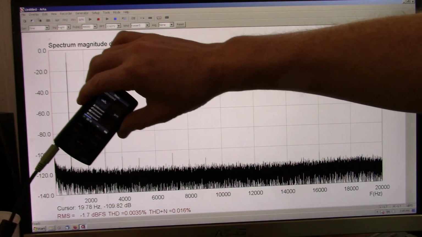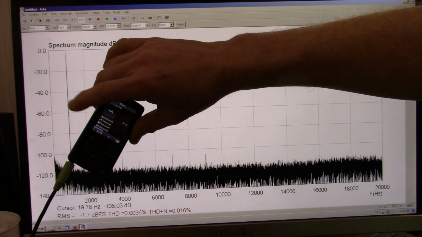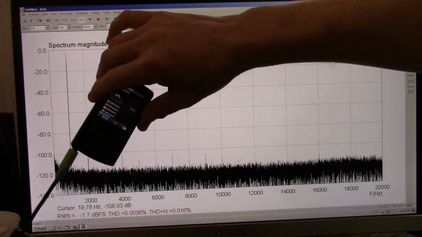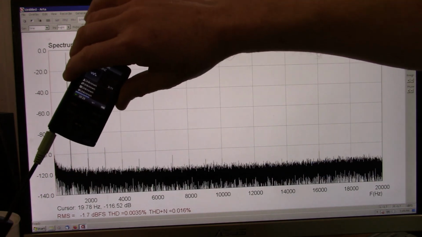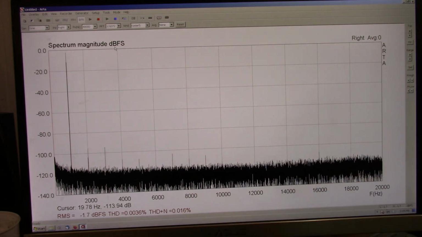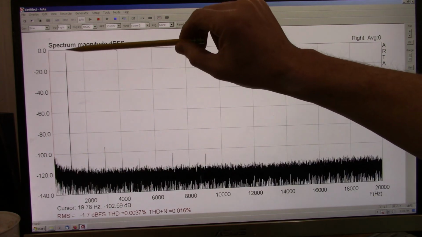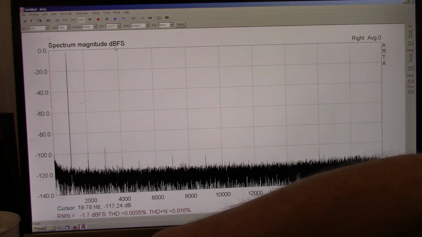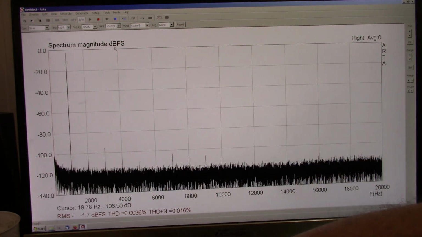Okay, so what you're looking at now is the output of my music player. It's plugged directly into the computer, no preamps or anything. I'm just looking at the baseline here. Now you can see the fundamental signal that goes almost all the way up to 0. I want to get as much data in, so I have the signal as high as I can set it.